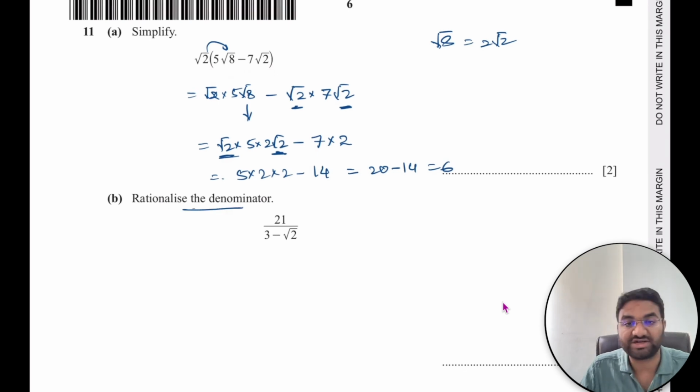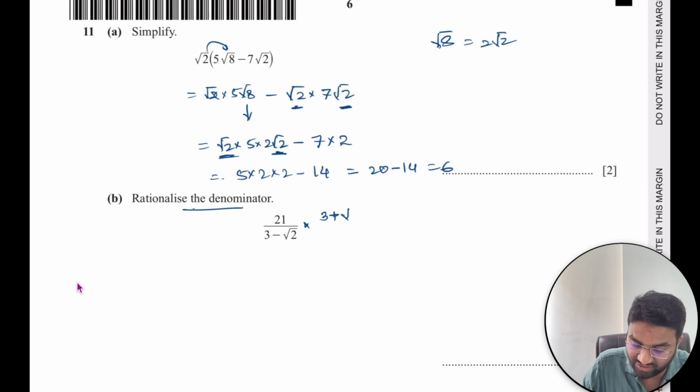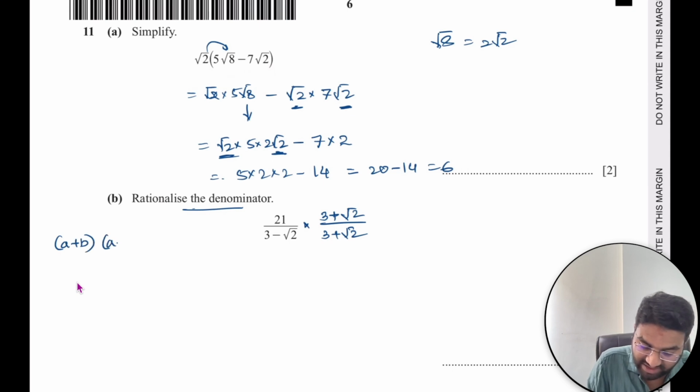Now the next part is rationalize the denominator. When we do the rationalization of the denominator, we have to multiply by its conjugate, meaning here you have to multiply by 3 plus root 2 upon 3 plus root 2, isn't it? Here you use a plus b for the denominator with a minus b, which gives a square minus b square.